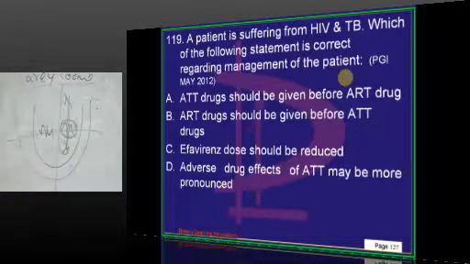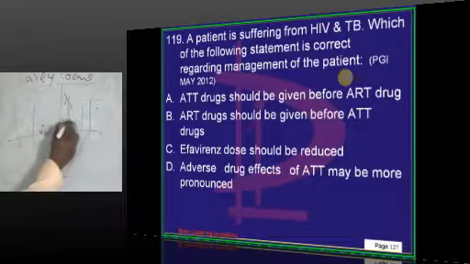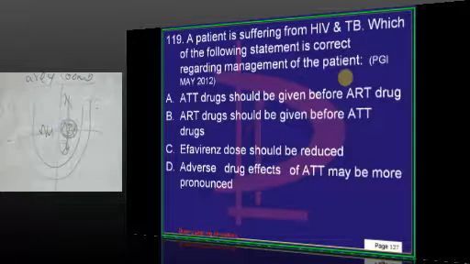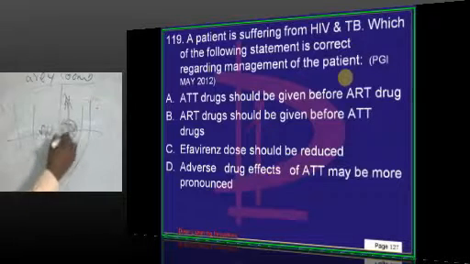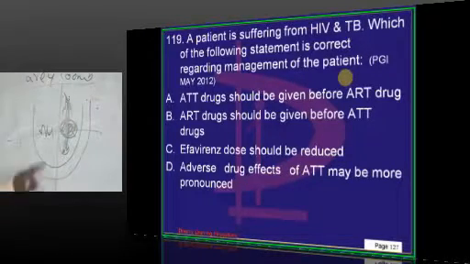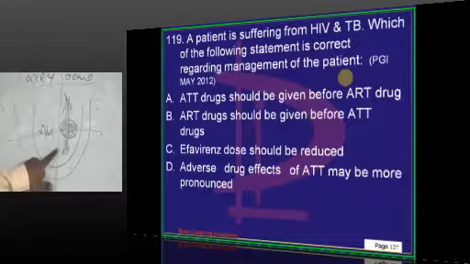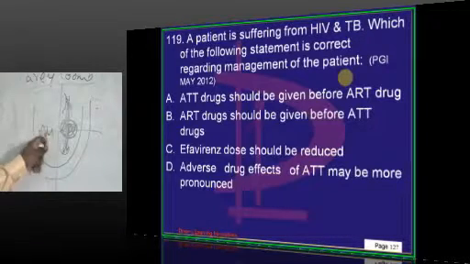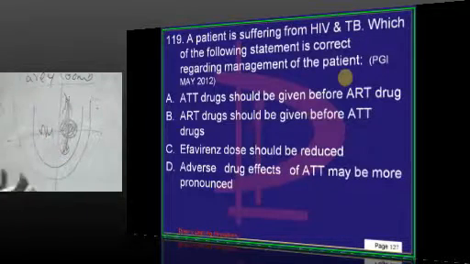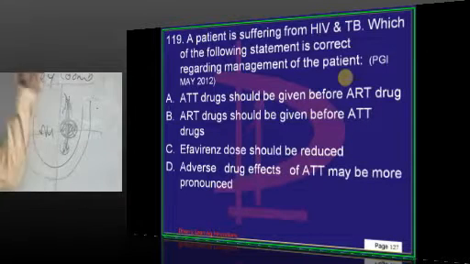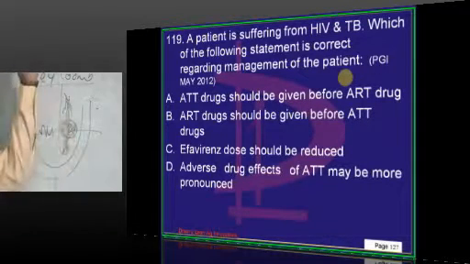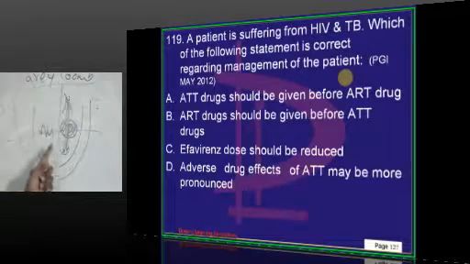Two things will lead to a murmur: normal flow through a stenotic valve, or increased flow through a normal valve. And because of this increased flow, what will you get? Carey Coombs murmur, which is due to acute dilatation of the ring in a dilated heart, with increased flow due to the regurgitant blood plus regular blood.